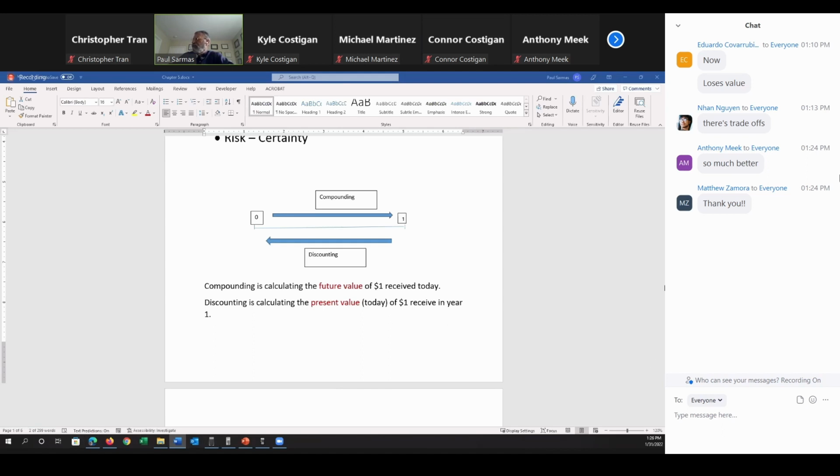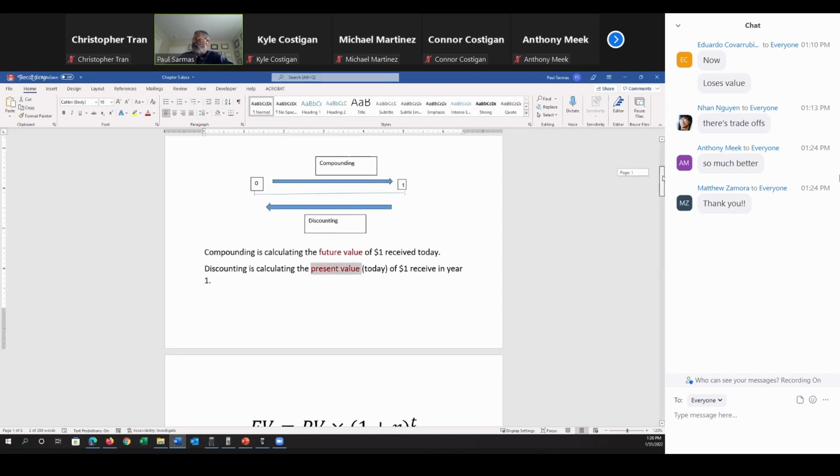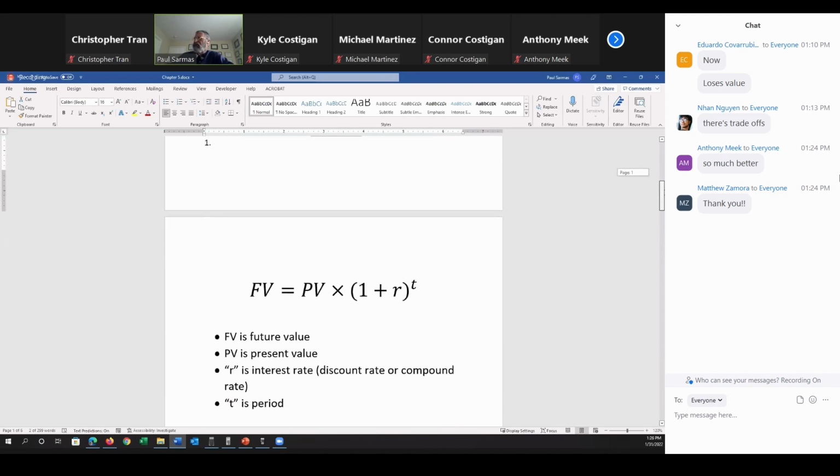All right. This chapter is very easy. It has one formula. Write it down. Future value is equal to present value times 1 plus R, interest rate, to the power T. FV is future value, PV is present value, R is interest rate, T is period.